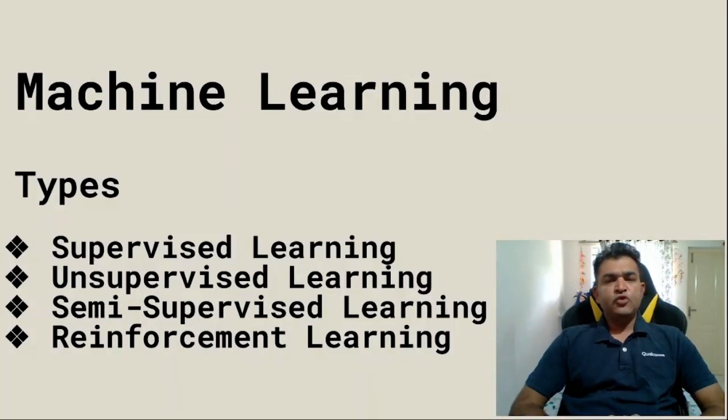The third one is semi-supervised learning. This is a combination of both supervised and unsupervised learning. When we have a limited amount of labeled data and an unlimited amount of unlabeled data, we choose semi-supervised learning. There are many algorithms inside semi-supervised learning that we can use to make our model perfect so that we can predict on the input data.